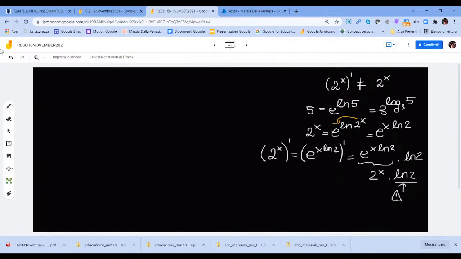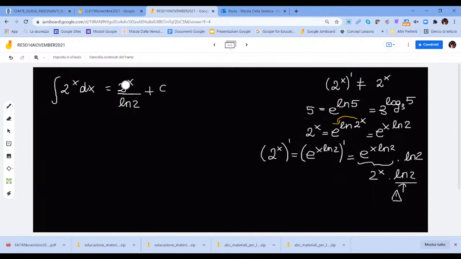Then, if you want to compute the immediate integral, you should remember that it is 2 to the x divided by natural logarithm of 2. Why? The same procedure as before.